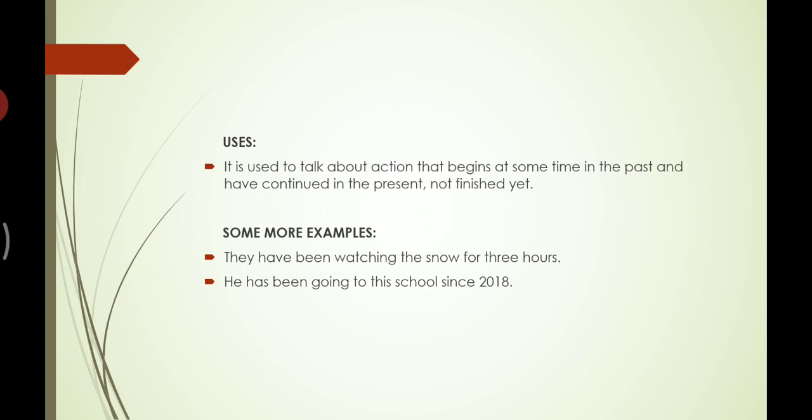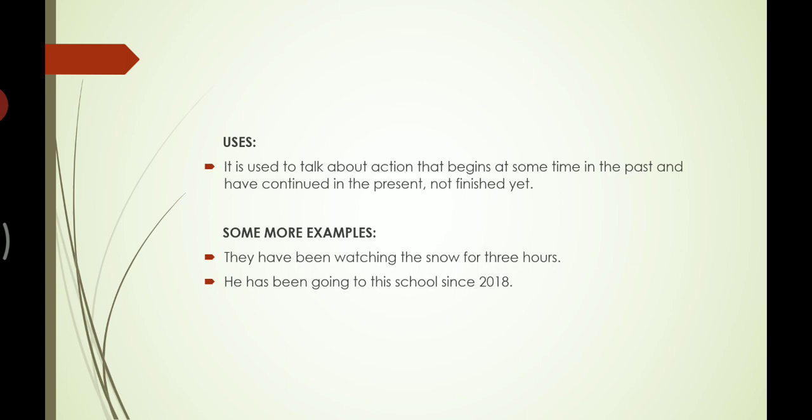Since is used to tell when the action started, a definite time. For is used for indefinite time. It means when no specific or particular time is given, we use for, and when a specific or particular time is given, we use since.